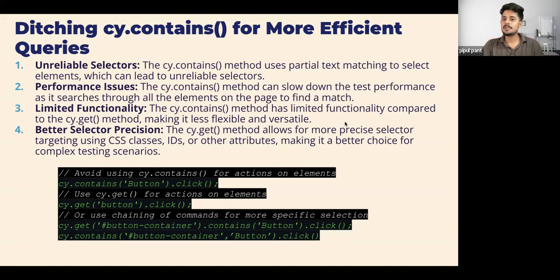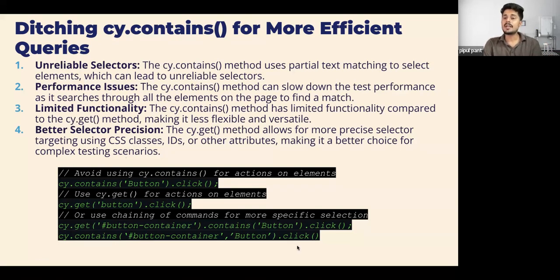Another way of using cy.contains that most people are unaware of is that cy.contains gives us the option of writing the selector as well as the text, and we can do whatever actions. So rather than writing cy.contains button, we can write cy.contains hash button container, passing the ID tag and the name value, and do the click. In this way, cy.contains first gets the button container, then checks whether that container contains the value, and then clicks.